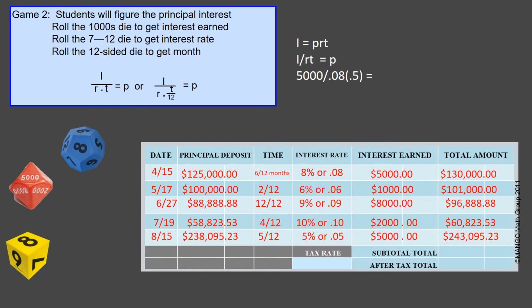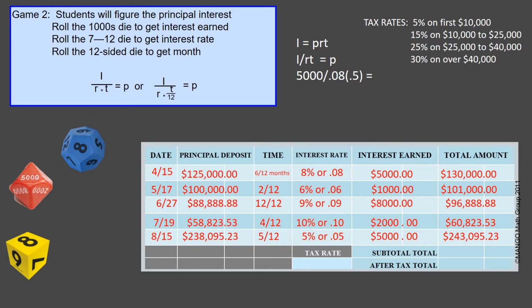Now, once again, the interest rate here would truly be a year's interest rate of 8%, but we're using fractional amounts because each month is applied to this problem.